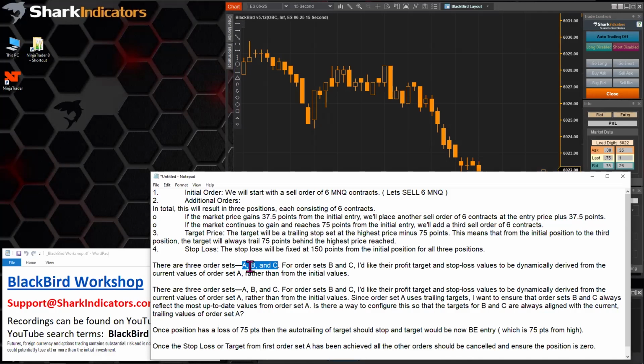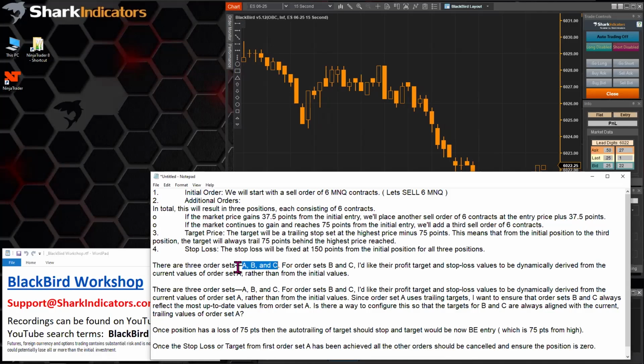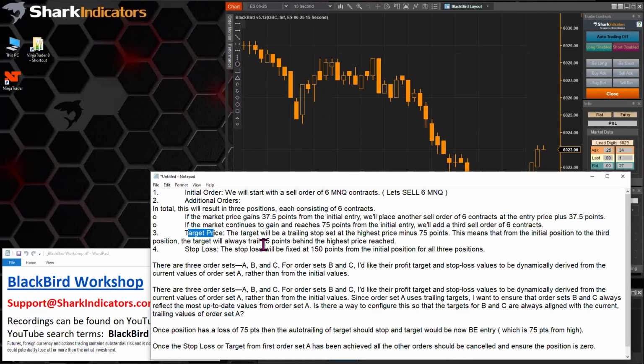As we get the other two cost averaging entry points, the profit target will adjust based on price movement.